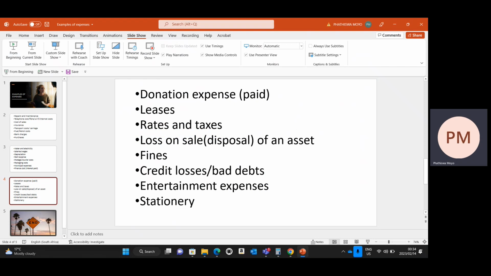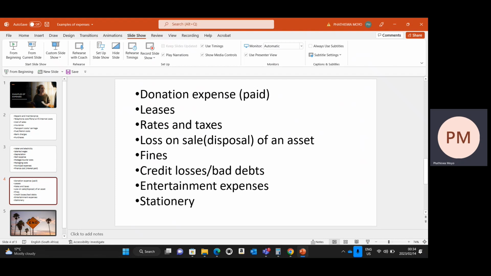So guys, I hope you do not struggle with the examples of expenses. You did see in my show and tell for the National Lottery Board or National Lottery Commission, they wrote 7 items on the face of their statement of profit or loss and other comprehensive income, and then they went to the notes to break down what expense items lie under each. So I'm not emphasizing the format.